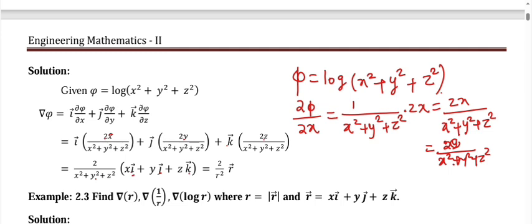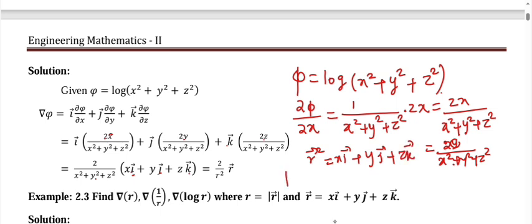We know that r vector is the position vector, that is r vector equal to x i vector plus y j vector plus z k vector.